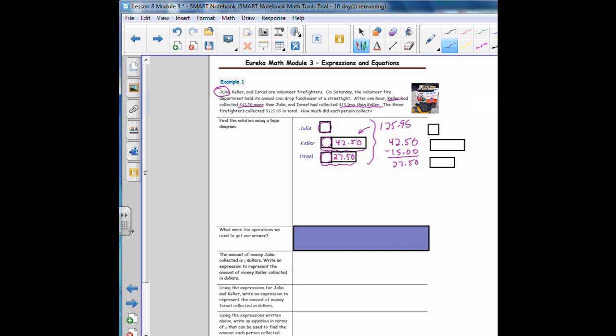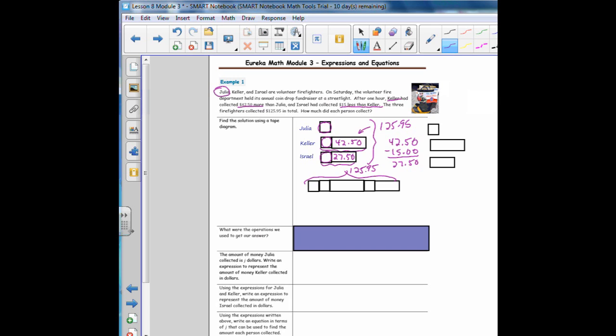So we're going to go ahead and make our tape diagram. This will be Julia's amount, and then this will be Keller's amount, and then we have Israel's amount. So here's our complete tape diagram, and we know that this total is $125.95.